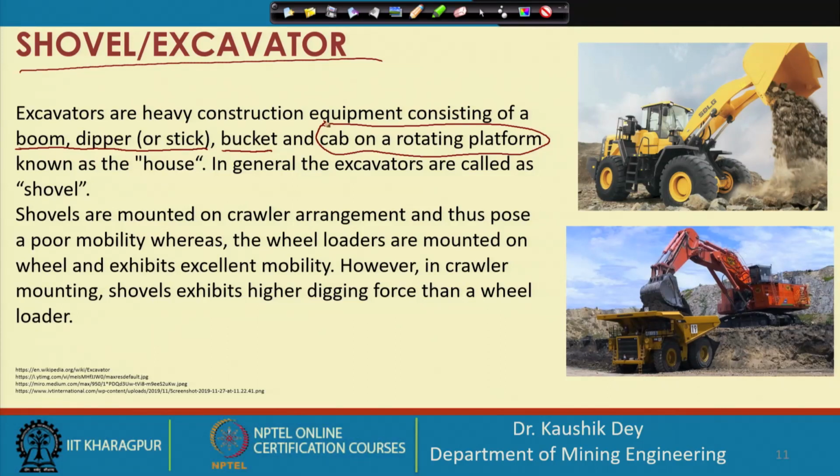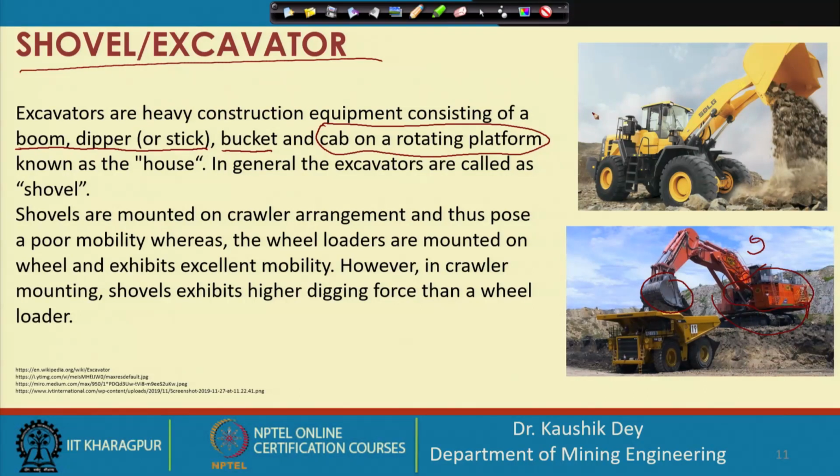So, you can see this is the boom, this is the stick, this is the bucket, and this is the cab which is placed on a rotating platform which can rotate 360 degrees along the crawler. So, that is the facility of the excavator.